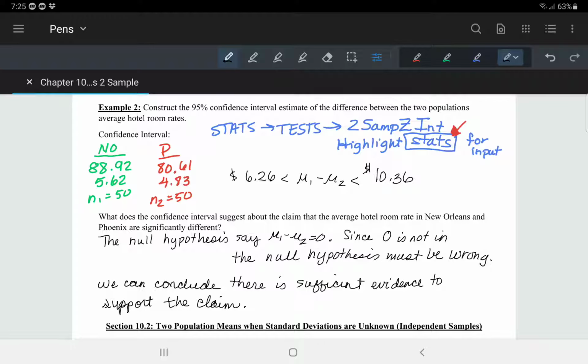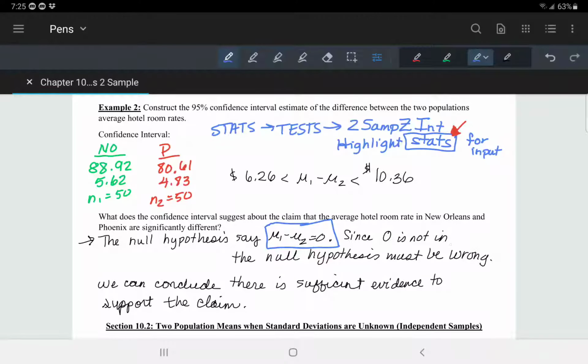And then we could ask the question, what does the confidence interval suggest about the claim that the average hotel room rates in New Orleans and Phoenix are significantly different? This will take a little bit of reasoning. We look at the null hypothesis, and the null hypothesis said that there was no difference, that mu1 minus mu2 would be equal to 0.